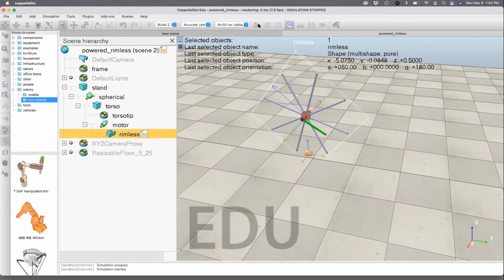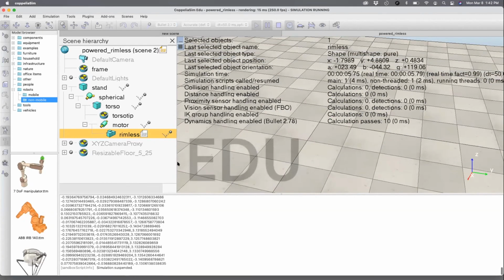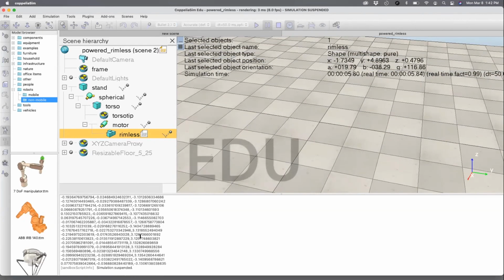If we now run this, it prints the output here, and I can pause this. You can see that this one is changing from 0, positive, and so on. The middle one is almost constant, and the third one is also very close to 3.14.